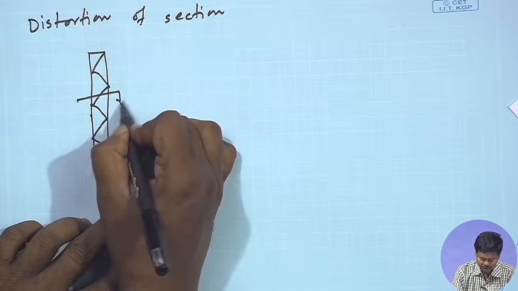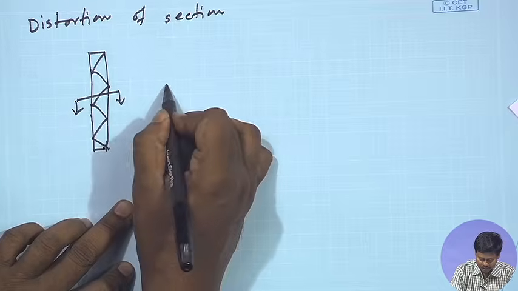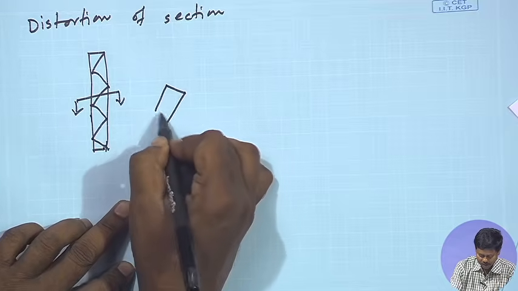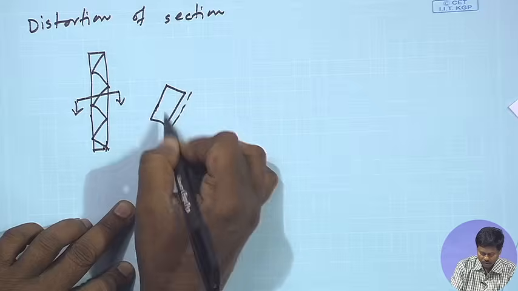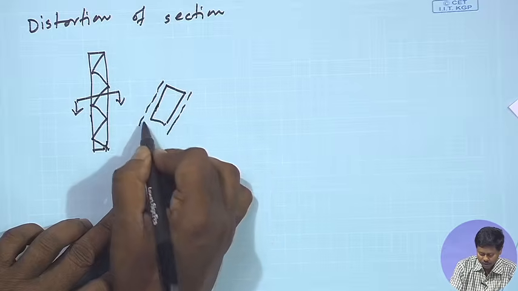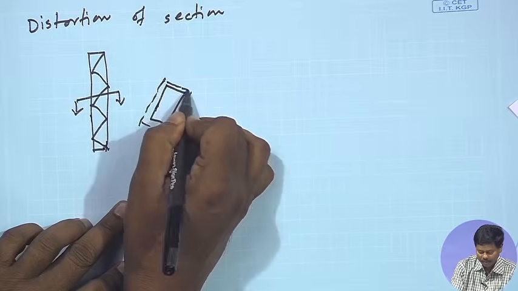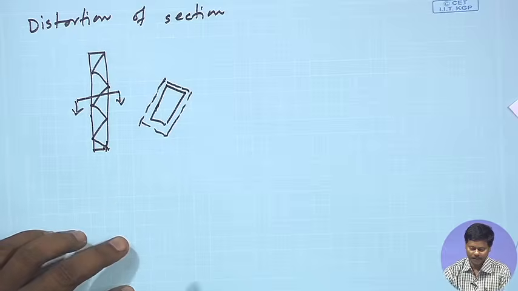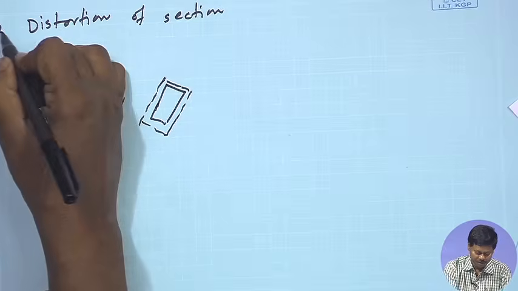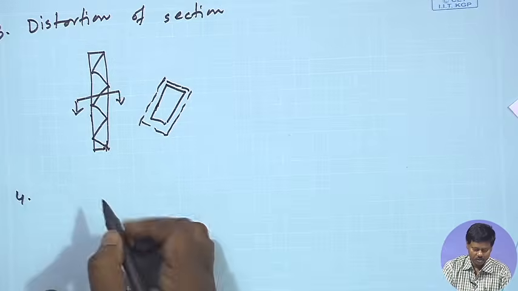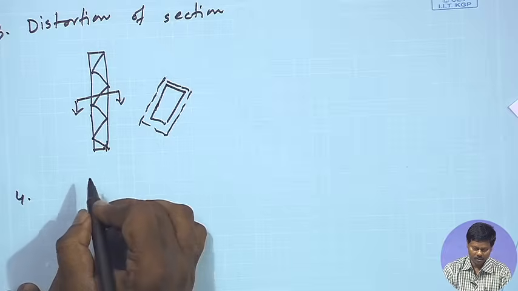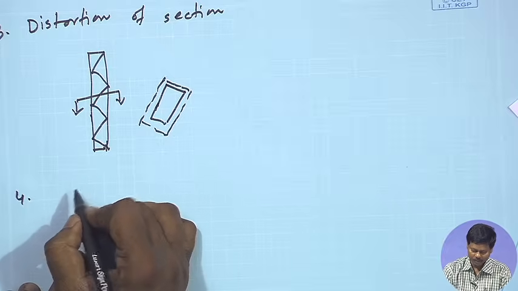Now, if distortion happens, it will be something like this. So, due to distortion, the failure may happen, which has to be taken care of. Another failure, this is number 3. Number 4 is the failure of the lacing member.